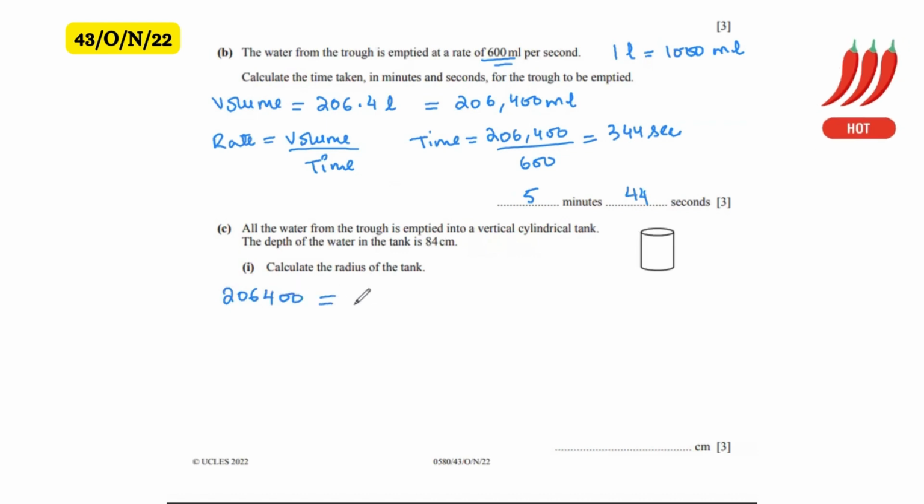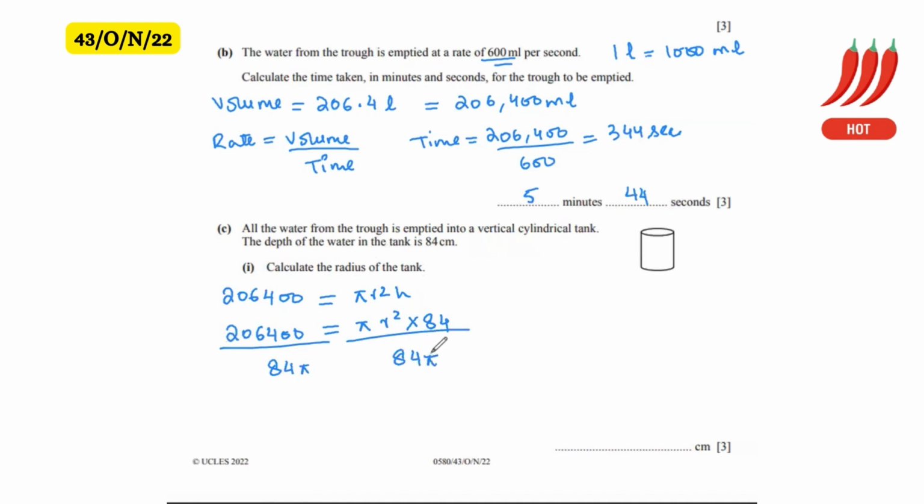206,400 equals pi r squared h. So radius is what we need to find, and depth of the water, which is the height, is 84. So that means we're going to divide this by 84 pi.